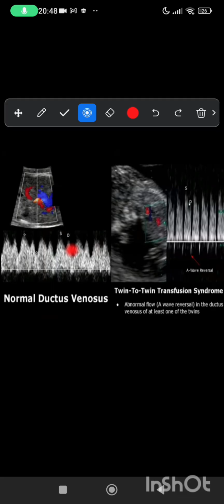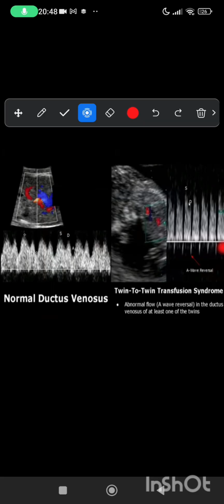So normally it is above the baseline, as we can see here. And then in the abnormal waveform, we can see A wave reversal, as we can see here. The A wave is below the baseline. So in the ductus venosus, normally the A wave is forward, and in the abnormal pattern there is a reversed or absent A wave.